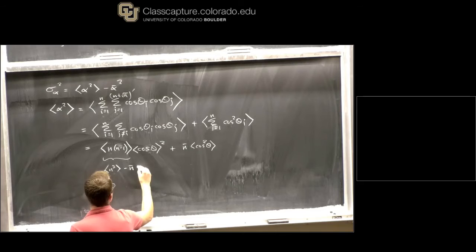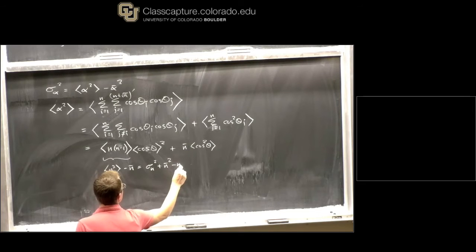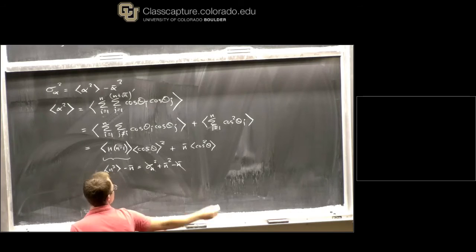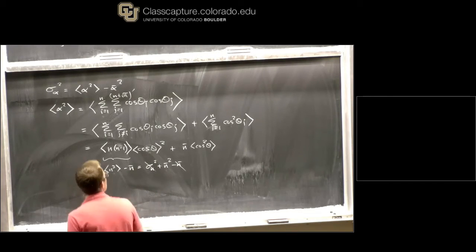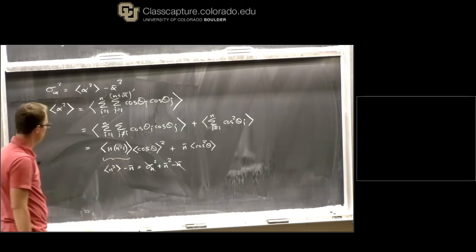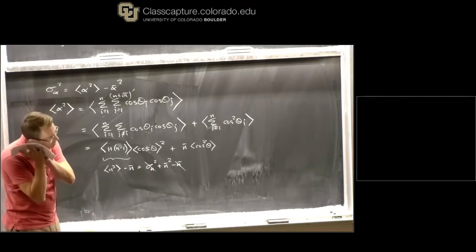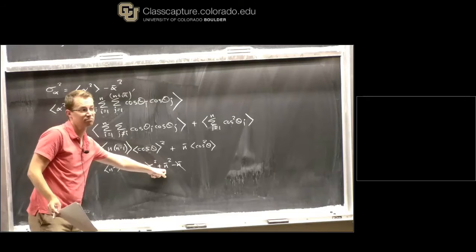But n squared is nothing more than sigma n squared plus n bar squared, minus n bar. And of course, for a Poisson variable, the variance equals the mean. So this whole thing is just n bar squared. So maybe as you're falling asleep tonight, you can think about whether this is exact or not.